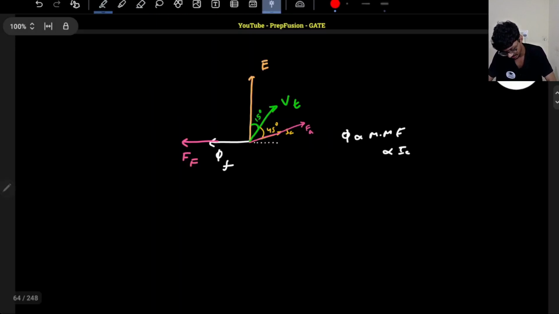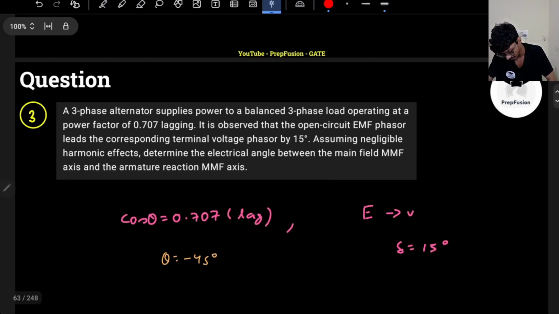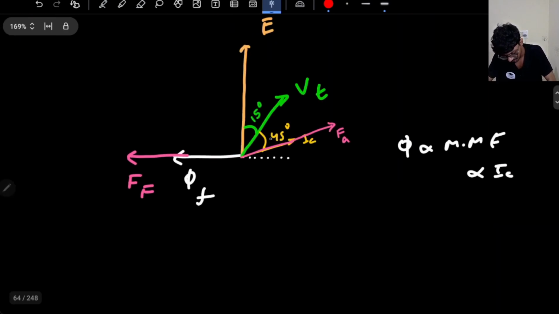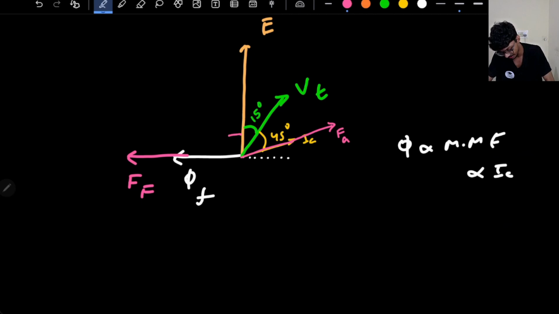Now they are asking me what is the electrical angle between the main field flux and the armature field flux. So the electrical angle will be this angle plus 90. What is this angle? 60. So this overall angle is 60 and this is 90.